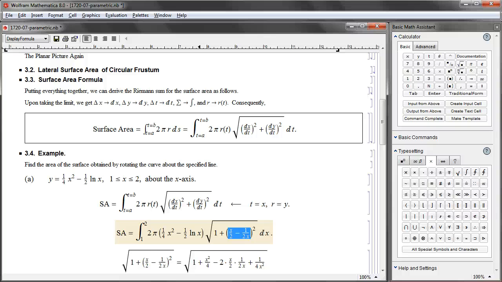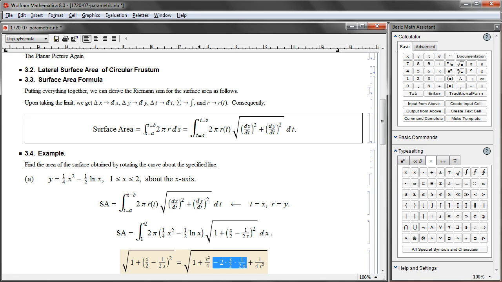Now how do I simplify the square root part? The typical technique is that you have to get a complete square, but in order to get a complete square, it looks like you have to break up the one's complete square. So let's break it up. a squared minus 2ab plus b squared. So a squared, x squared over 4, that's fine. b squared, 1/4x squared, that's fine.